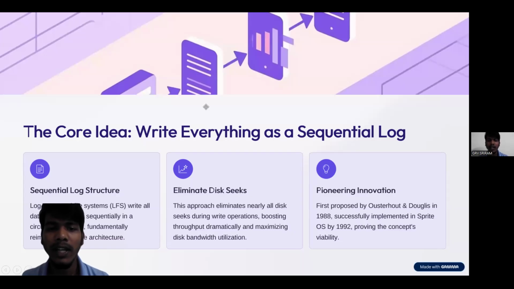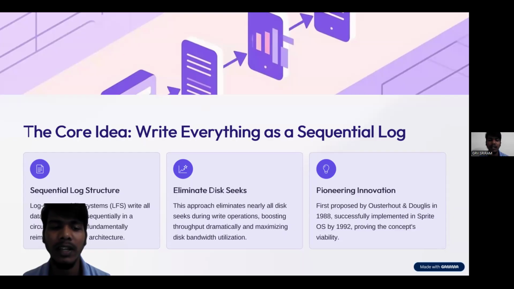Here, the core idea is to write everything as a sequential log. Here we discuss sequential log structure, eliminating disk seeks, and pioneering innovation. First, the sequential log structure: log structured file systems, LFS, write all data and metadata sequentially in a circular log pattern.